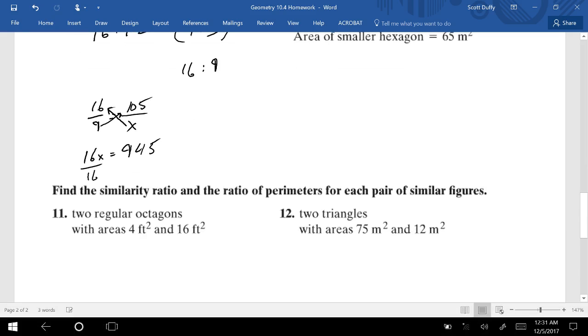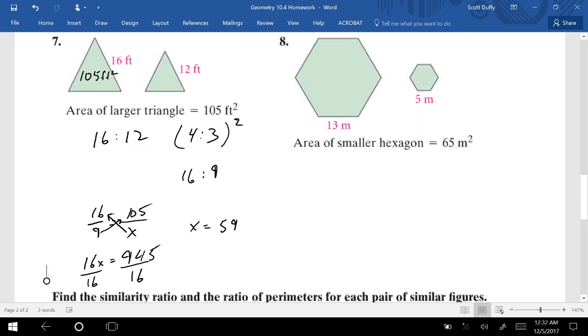Divide by 16 on both sides, and you're going to get x equals 59. And that would be square feet.